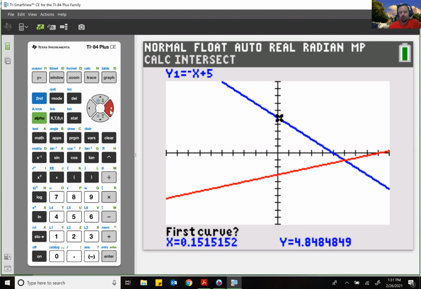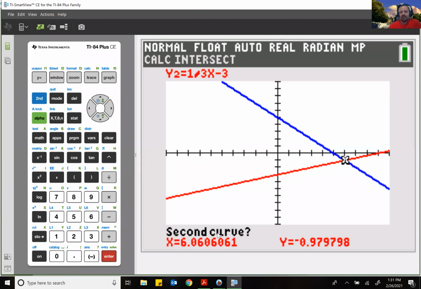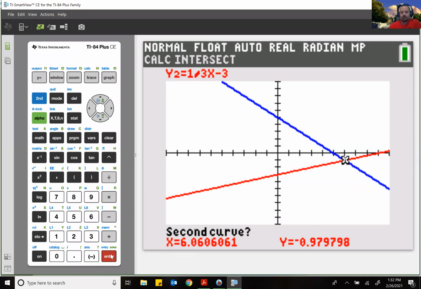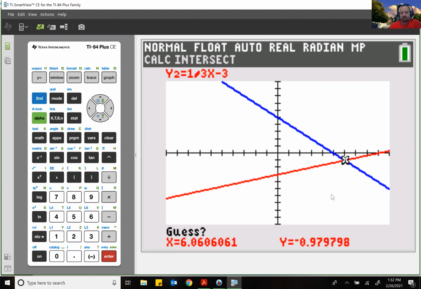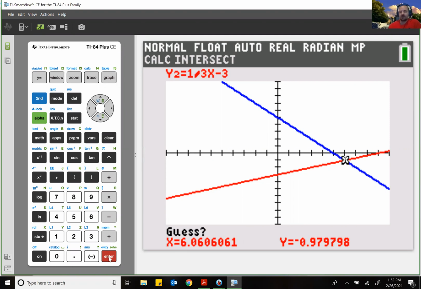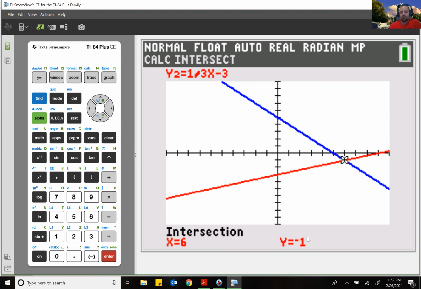So I'm going to scroll to the right till I get to the intersection as close as possible. So I think it's right about there. Then it says, where is it on the second one? Well, it's right about there. Then it says guess. And it's right about there. So basically, once I scroll to the intersection, I just hit enter 3 times. So there's the third time, and there's the intersection that we just talked about.